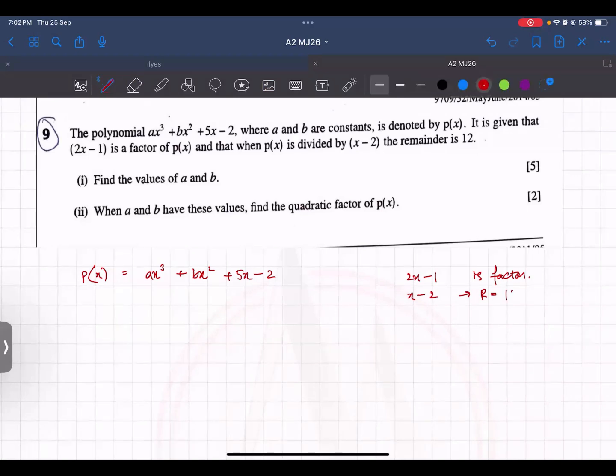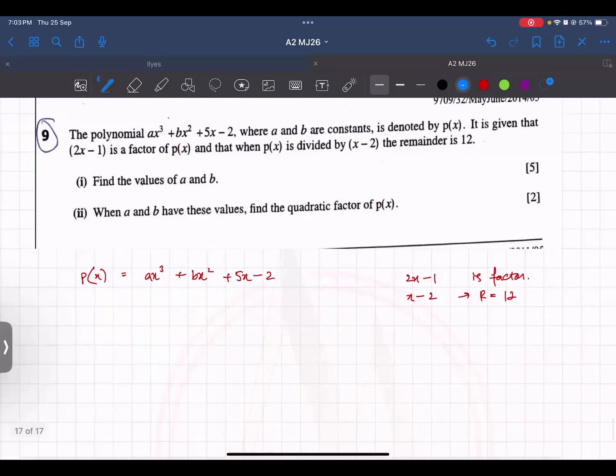So using these two conditions, you can form two equations, and then solve them simultaneously to get the two unknowns. If 2x minus 1 is equal to 0, x comes out as 0.5. And because it is a factor, p of 0.5 would be 0.